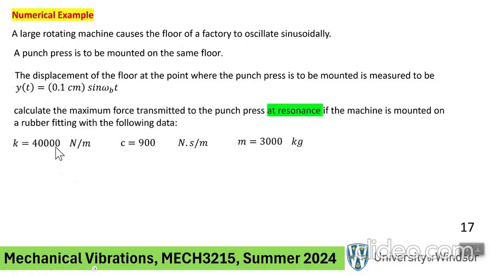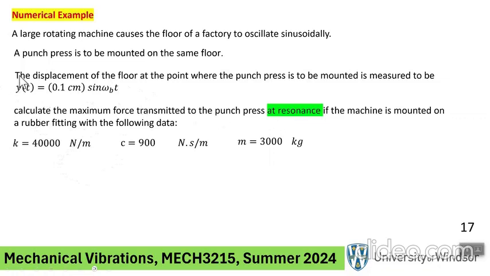What we want to find is how much force is transmitted to the punch press because of the motion of the ground, when it is operating at resonance. So what do we know?